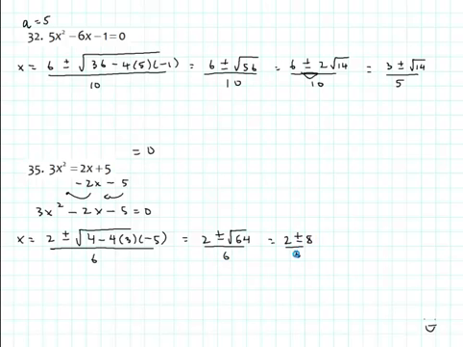Because it works out, we'll need a branch. 2 plus 8 over 6, and 2 minus 8 over 6. 2 plus 8 over 6 is 10 over 6, which will reduce down to 5/3. Two minus 8 is negative 6 over 6, which will reduce down to a negative 1.